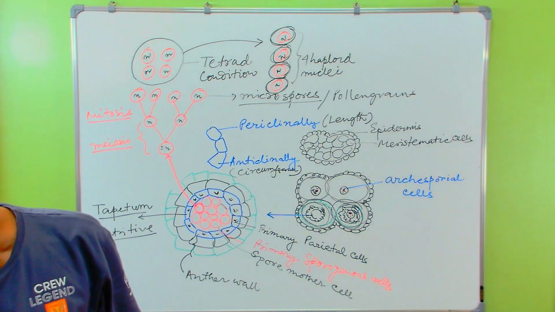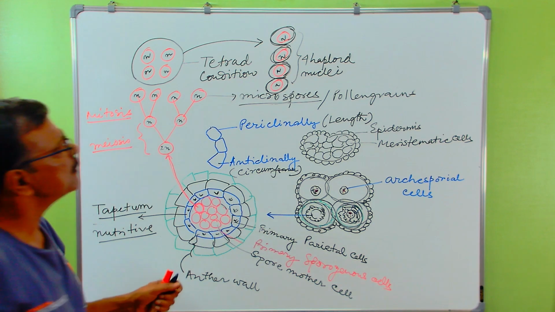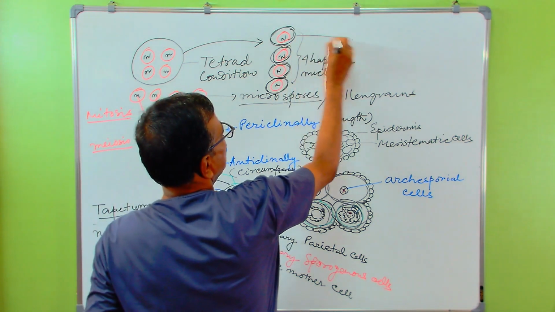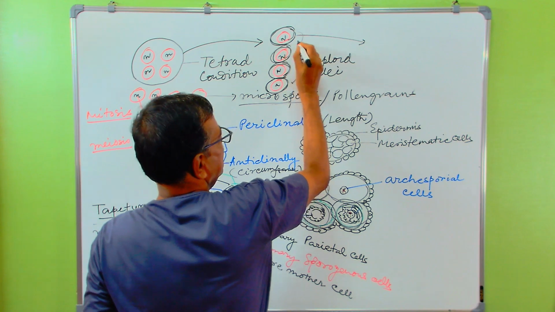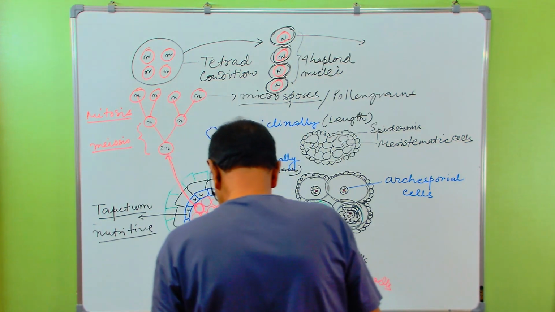Clear? Now each microspore will produce, by division, 2 cells.